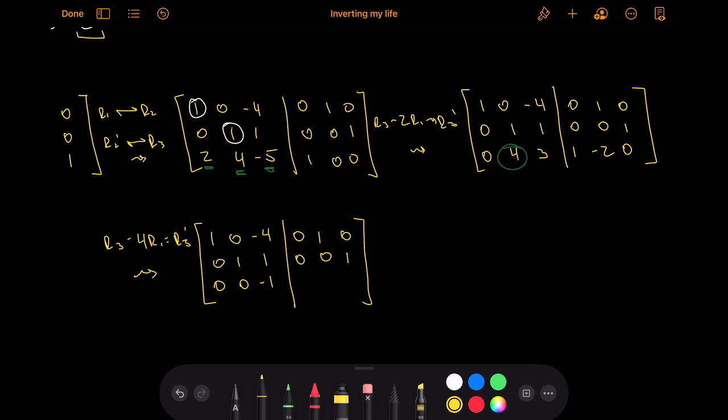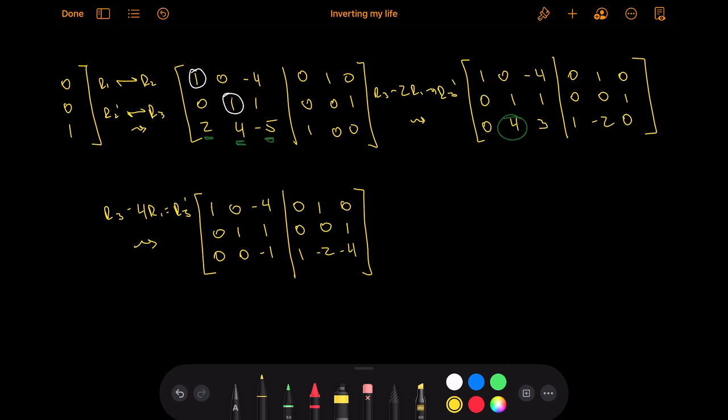And so now this would be 1 minus 0, just 0, negative 2 minus 0, again stays the same, then 0 minus 4, that'll be negative 4. And lucky for us, this last row became a leading one. All you really have to do is multiply by negative 1.